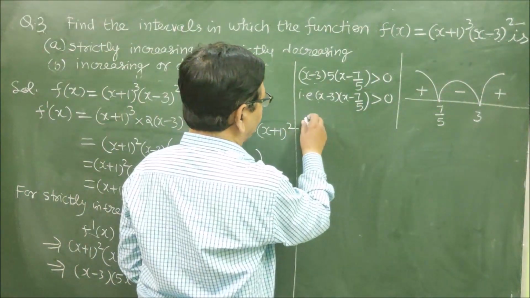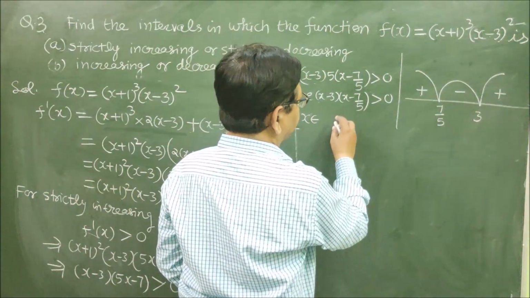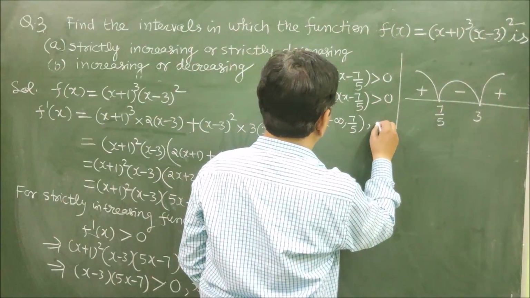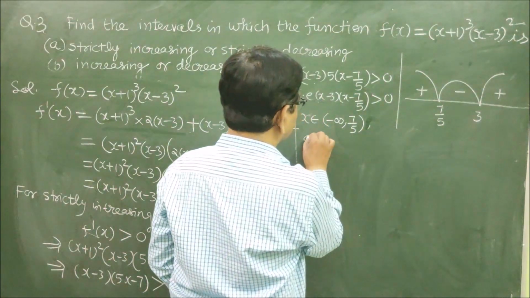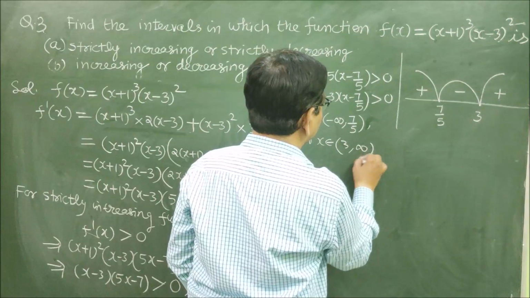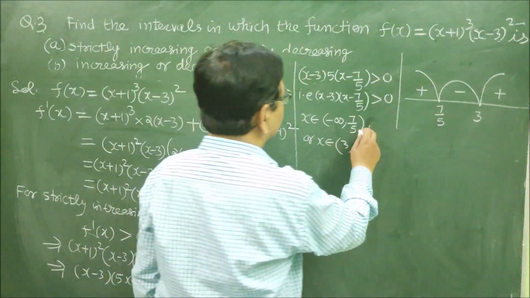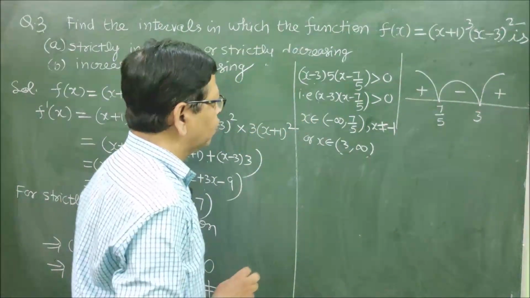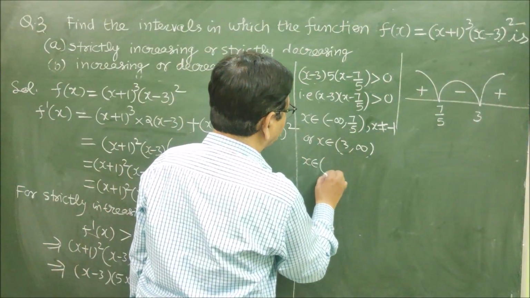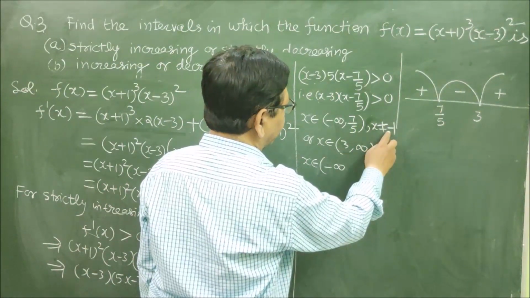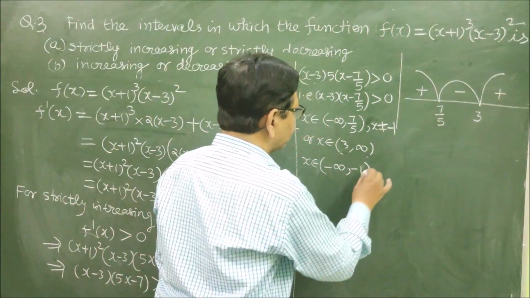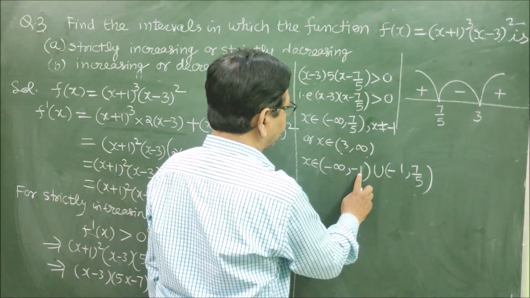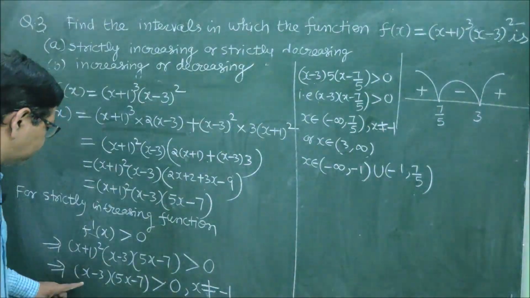So this inequality holds if x belongs to the interval (−∞, 7/5) union (3, ∞). Here is the condition that x is not equal to −1, and it is not going to affect the interval (3, ∞). So we apply this condition here: −1 lies before 7/5, so x belongs to (−∞, −1) union (−1, 7/5), because −1 is restricted here.